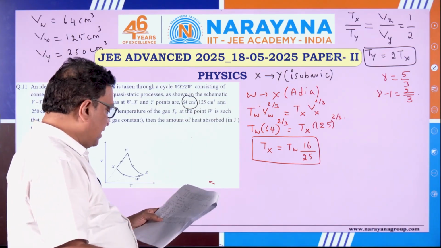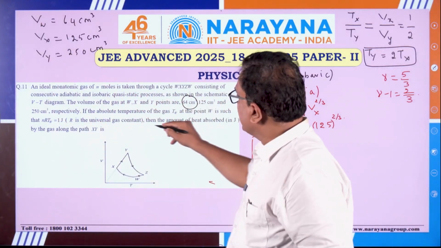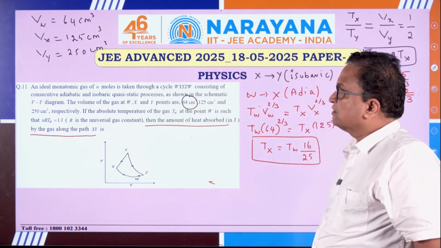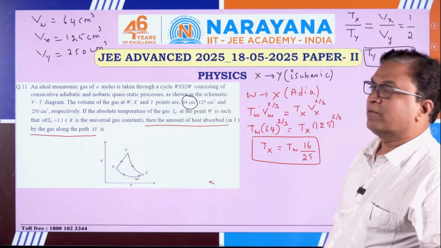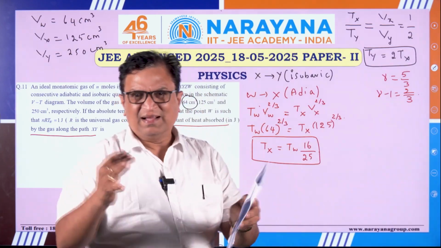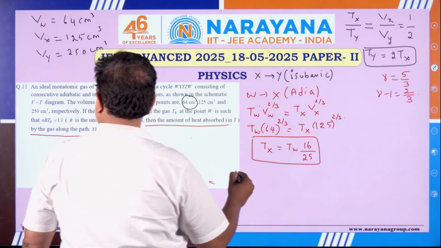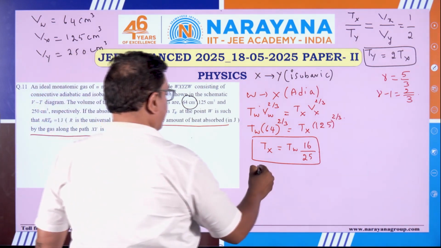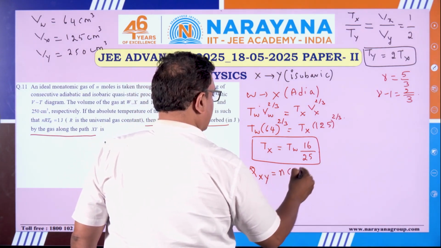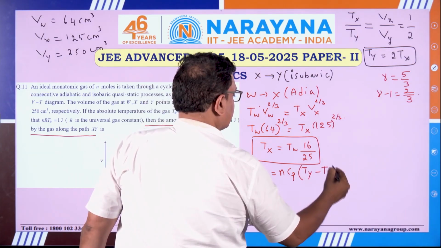Similarly, for X to Y, I have the data, everything I have, right? Now, by the way, what do you want in this question? What exactly do you want? The amount of heat absorbed by the gas along the path XY. Hold on. Remember, actually this is an easy question, just some game with the data. So, in an isobaric process from X to Y, Qxy is simply nCp delta T. So, Ty minus Tx.